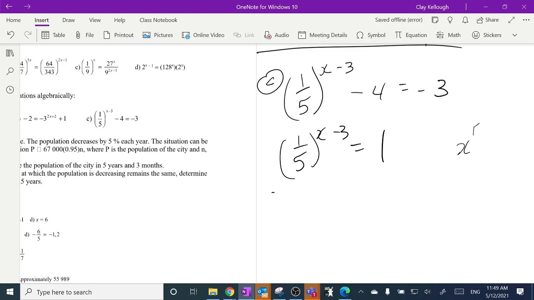A number to what power is equal to 1? So person who asked that question, pretend that's a blank. What goes in that blank? Person who asked the question for 4C? You should know this. I bet you do. No?